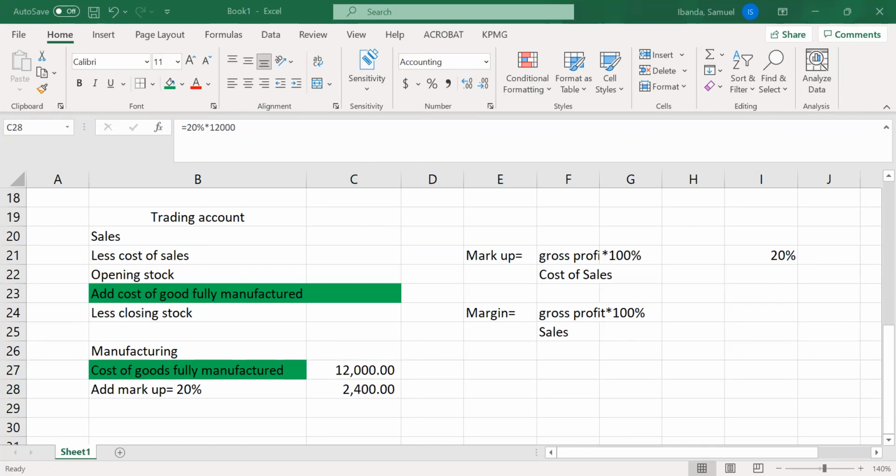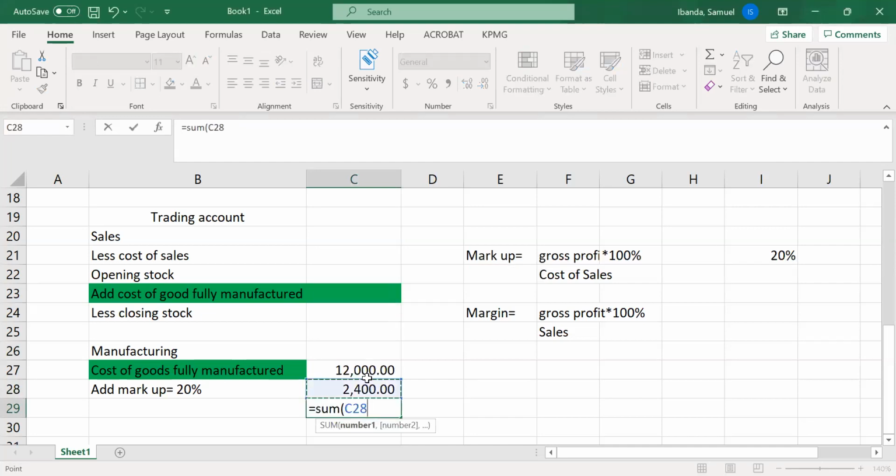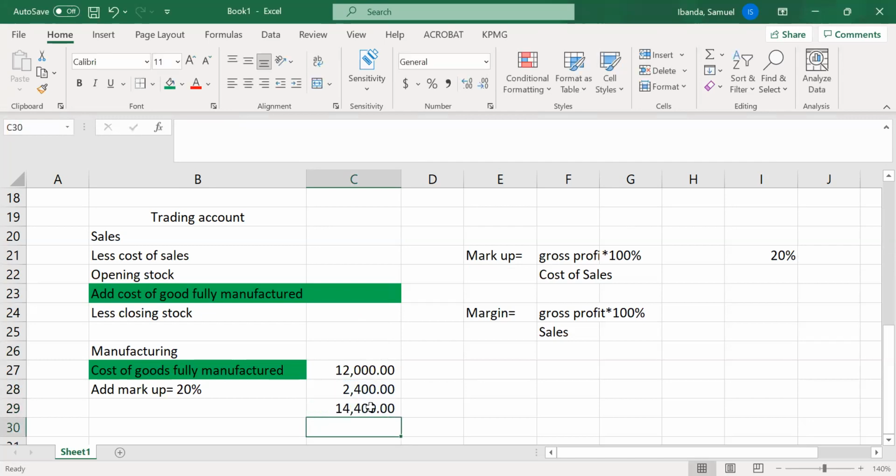Because when you're transferring goods fully manufactured at a markup, it means that after getting your value here of your marked up goods, this is the figure that you're actually going to take to your trading account. You're going to take a figure that already has a markup to it, okay?